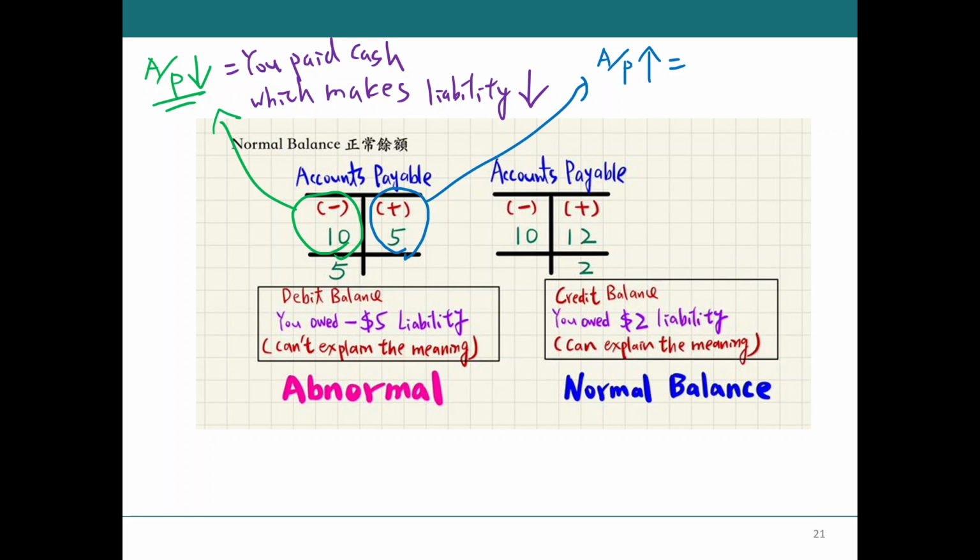Which made your liability increase. So I bought maybe drinks but didn't pay the money. I buy something but I didn't pay the money, so I owe someone money, which made my liability increase, right? Okay.